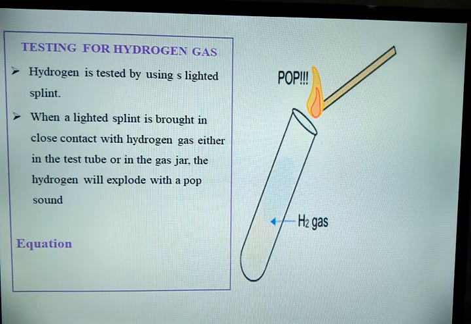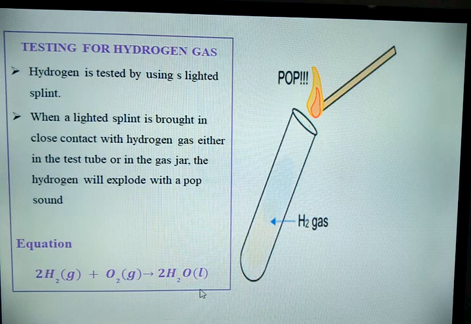So this test will have an equation. You're burning hydrogen itself, and the component of air that supports burning is oxygen. So in this test for hydrogen, hydrogen reacts with oxygen to form a liquid known as water. However, because of the temperatures, this water is going to be in form of steam, in form of vapor, but we don't mind if water is in liquid state or vapor state.